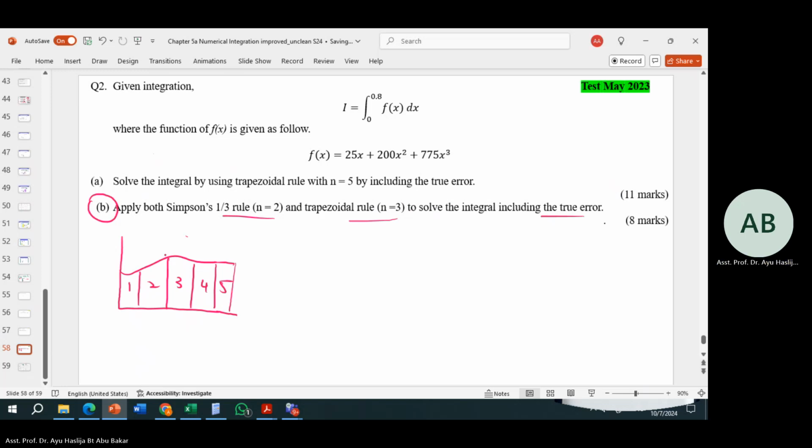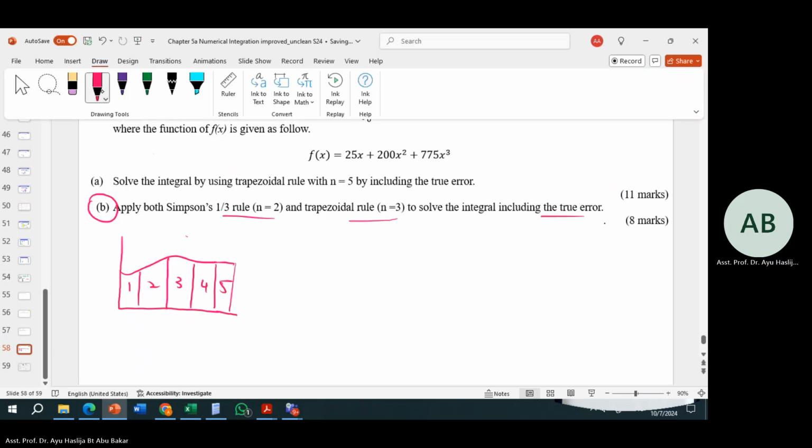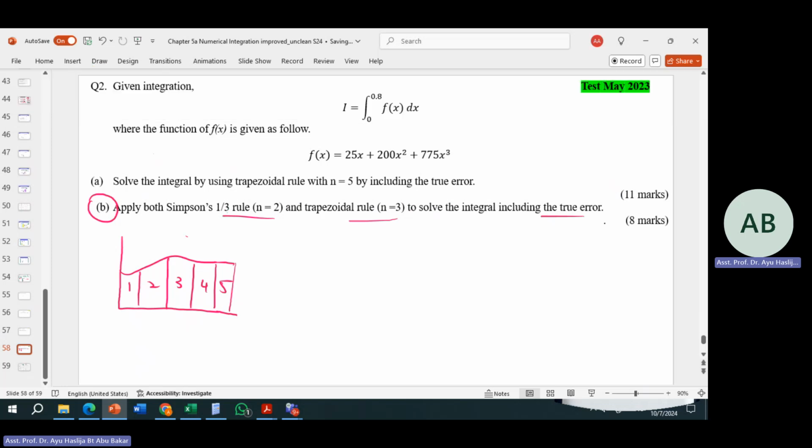For 2 segments, you can use 1/3. These 2 segments can be the first 2 or the last 2, up to your selection. Let's say we choose the first 2.